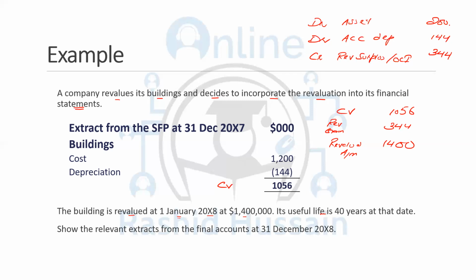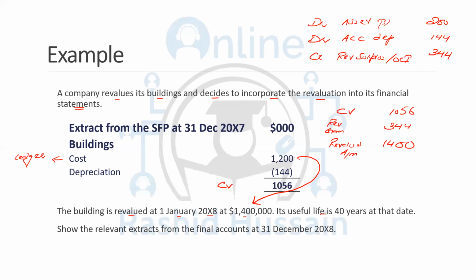Now, what is this concept? Remember that in the ledger, the asset is recorded at cost. So we are taking the asset from 1200 to 1400. So the movement is for 200. And in order to ensure that you are not making any mistake, you can calculate the asset as a balancing figure.